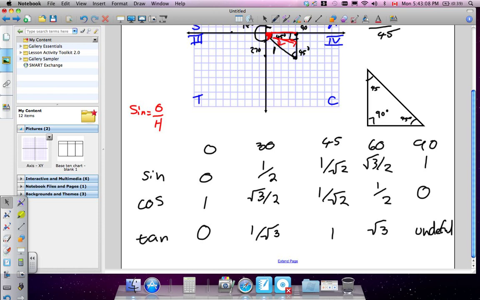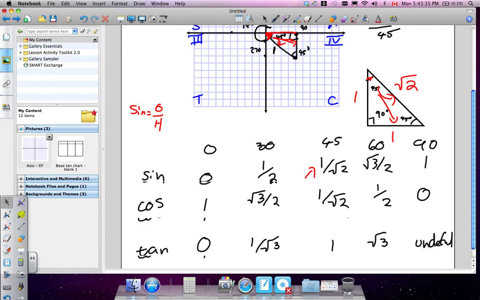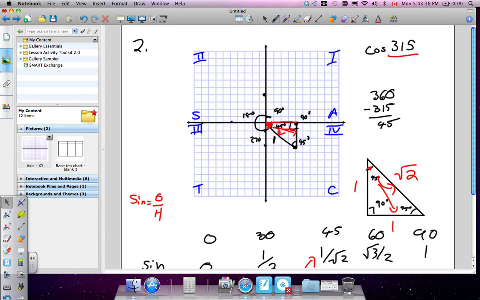If you look at a special triangle, one of the ratios is you have 1 and 1, and then root 2. So if this is my angle, my opposite and my hypotenuse, well, sine is equal to 1 over root 2. So there's our 1 over root 2 for 45 degrees. The only special part here is this was at 315, and we're dealing with cos.